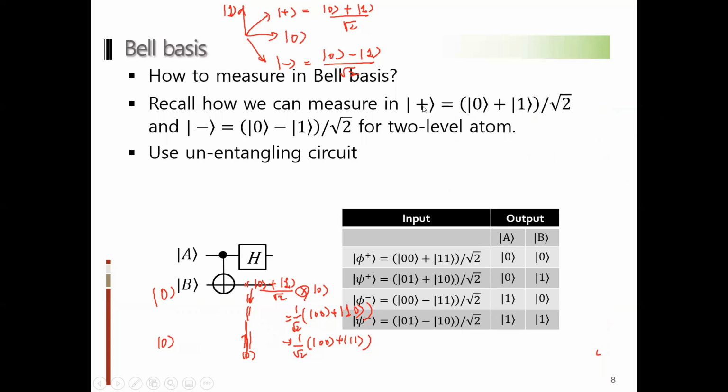Instead of trying to measure directly in these spaces, what we did was transform the original 0 and 1 basis into the plus and minus basis. And once we transformed, measurement in the computational basis eventually corresponds to the measurement in the plus minus basis.